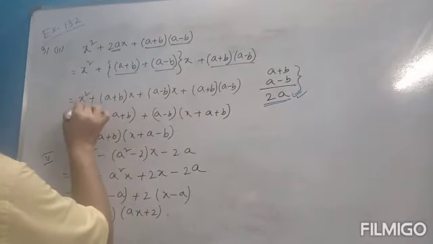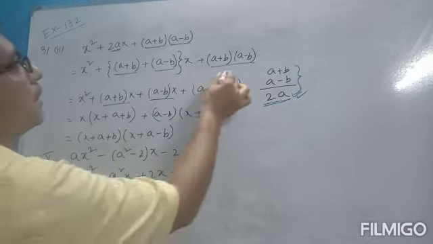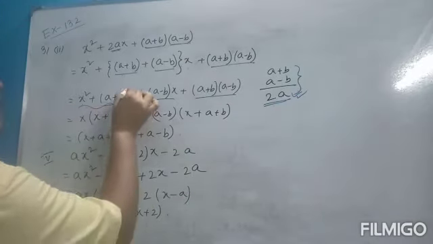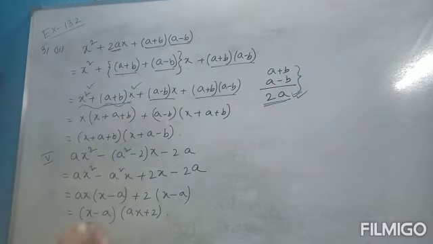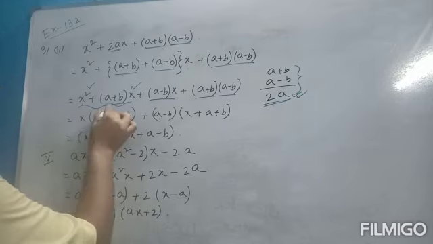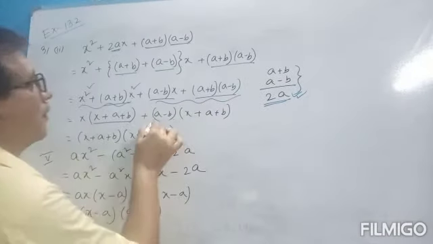Now x square, this is a plus b into x, this is a minus b into x, this is a plus b into a minus b. From these two, the common term is x. If we take x common, we get x from here and a plus b from here. From these two, the common term is a minus b.